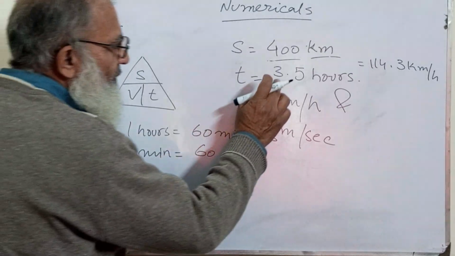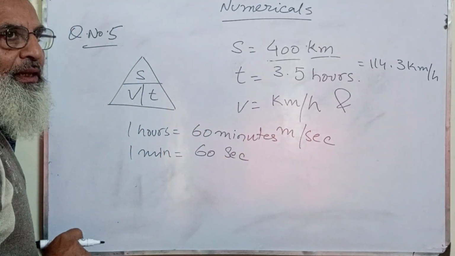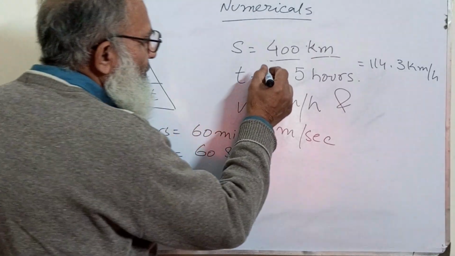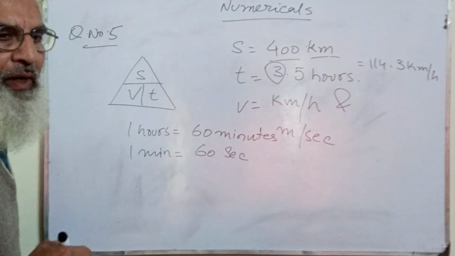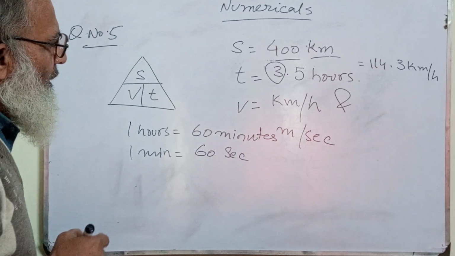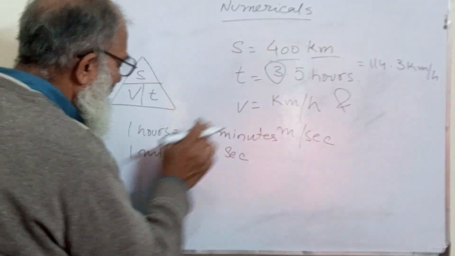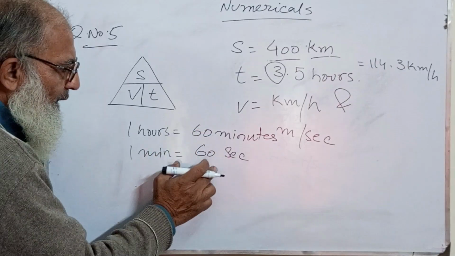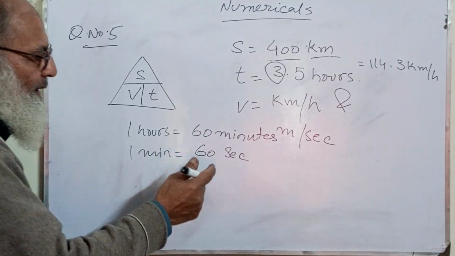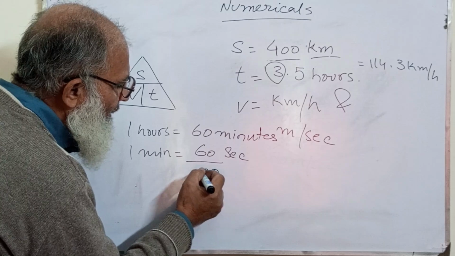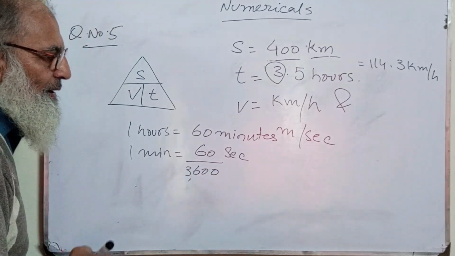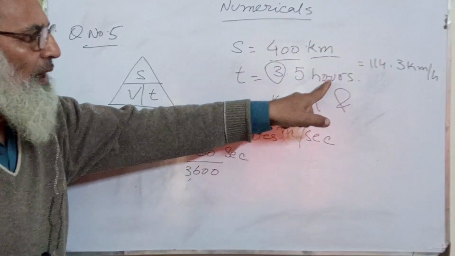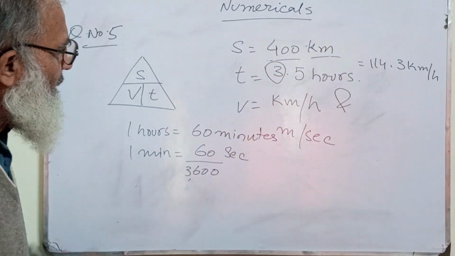So here we have 3.5 hours. Let me first take 3 hours. 3 hours means we multiply by 60, and again multiply by 60. That means I have to multiply by 3600 to change these 3 hours into seconds.